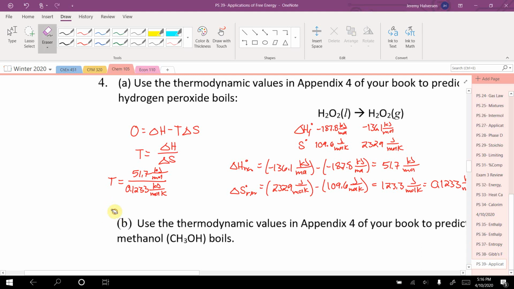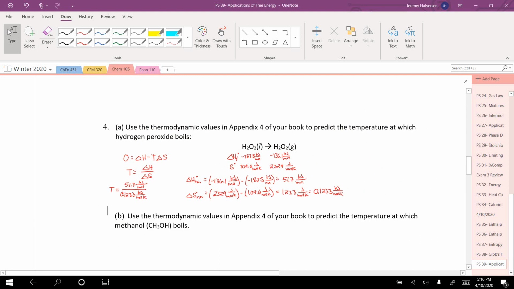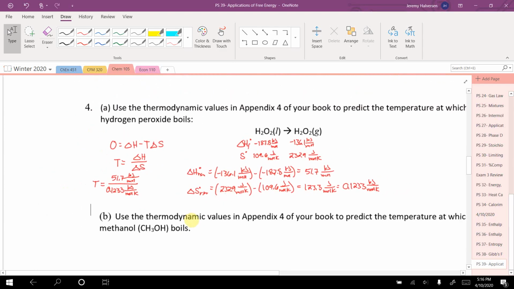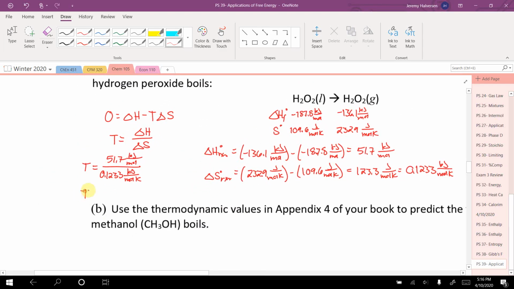Which gives me a temperature. Did it ask for units? Nope. So then I just get my final temperature as 419 Kelvin.